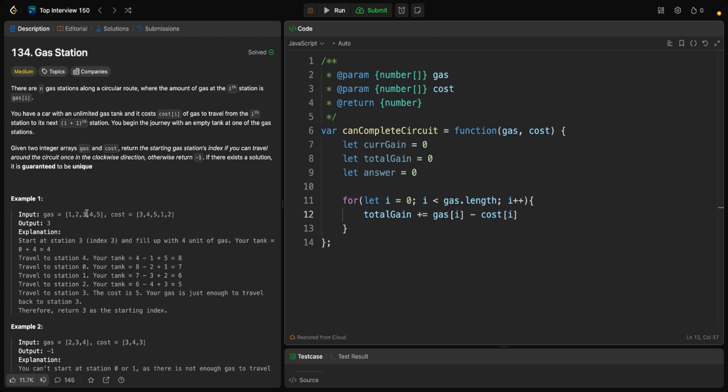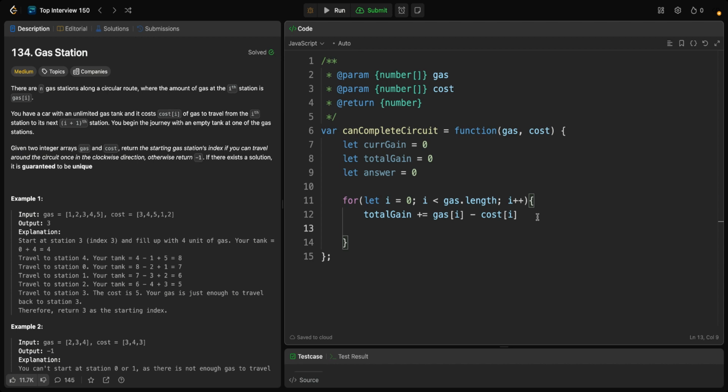So when we start here, we want to go to the next. So the total gain will be 4 minus 1.